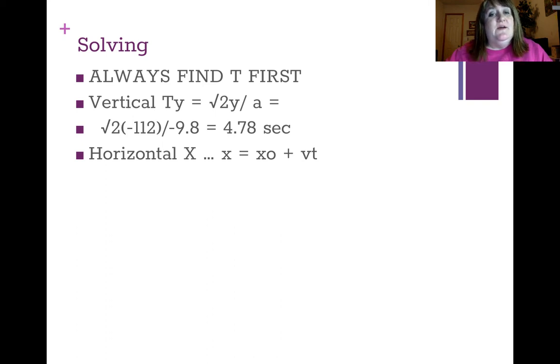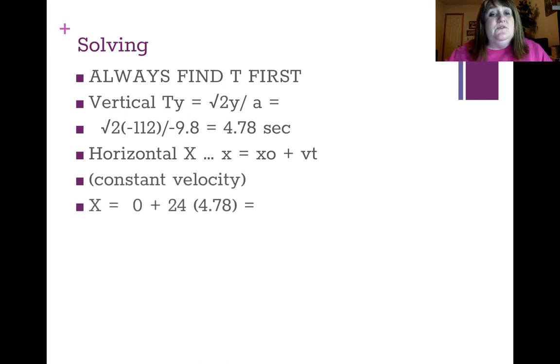X is equal to x naught plus vt. There it is, happy day. Kinematic simple is back because we have constant speed in the horizontal direction. X will equal 24 times 4.78, and yes, it is a double rounding error, it's okay, is equal to 114.74 meters.